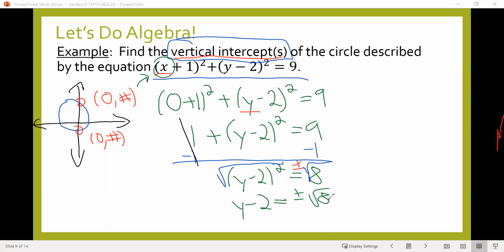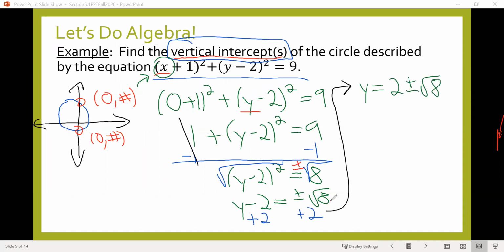I'm not going to worry about that for right now. Then just add 2 to both sides to finish isolating the y. So we now end up with y equals 2 plus or minus square root of 8 here.